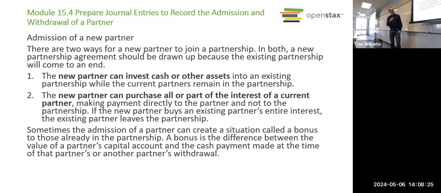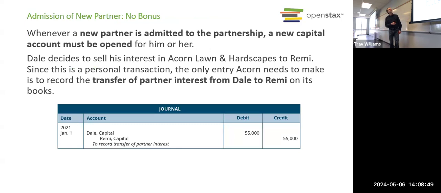Or you could be buying out a partner who's leaving. That could be another option. Again, technically, it would be a new partnership, but still, one partner is leaving. You could either pay the partnership, or you could actually pay the partner that's leaving as a way to earn your capital.